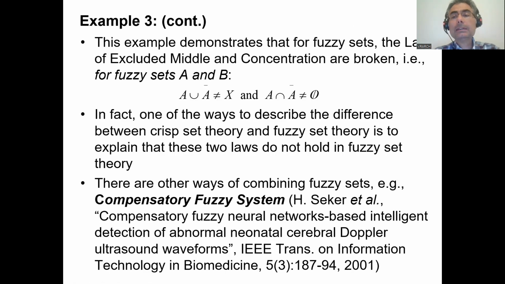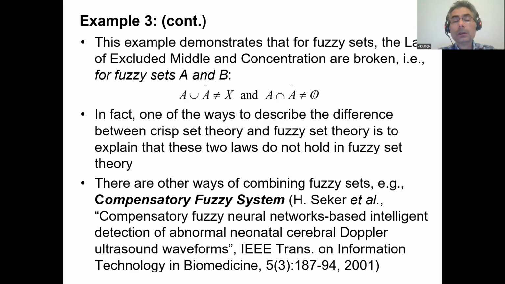So this example demonstrated fuzzy sets. Now you can see how you can define it. One of the ways to describe the difference between crisp set and fuzzy set theory is to explain that these two laws do not hold in fuzzy set theory.